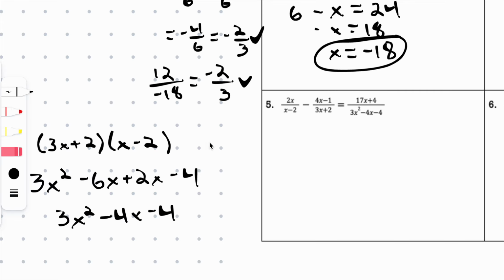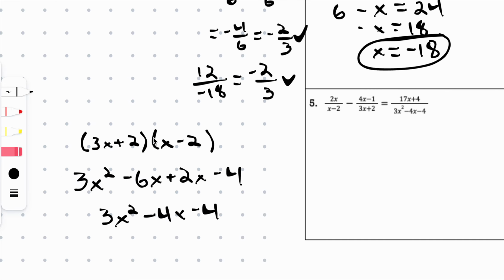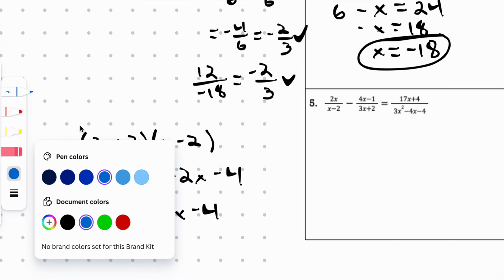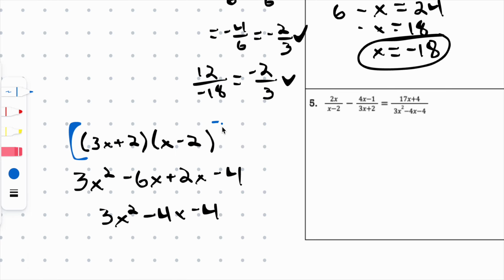This is going to take a while to write out, but actually, we'll multiply this entire thing by our 2x over x minus 2 minus 4x minus 1 over 3x plus 2.